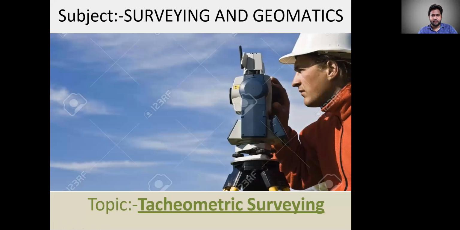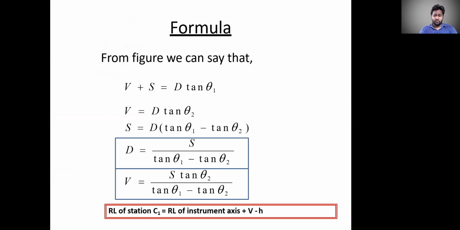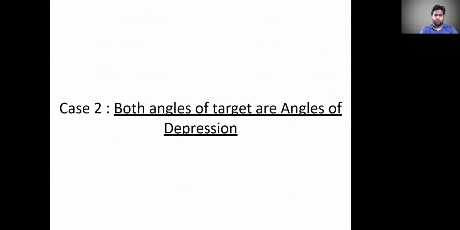In today's lecture, I'm going to explain about tachometric surveying. In the previous class, we already discussed the first case in tachometric surveying, that is the movable hair method, where both target angles are angles of elevation.